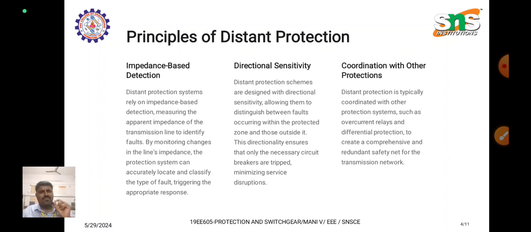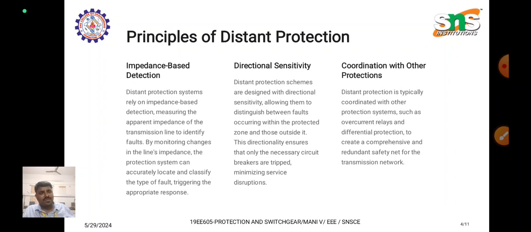Here, from the sending end, we send some current and it flows through the line till where the fault has occurred, and then the current returns back to the source. We measure the sending current as well as the receiving current, that is, how much current gets dropped. Based on the drop, we can measure the impedance, and based on the impedance, we can easily determine where the fault has occurred.